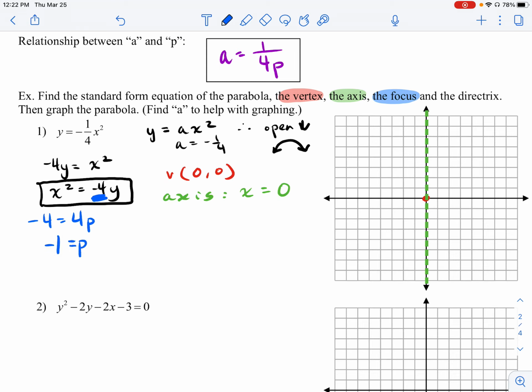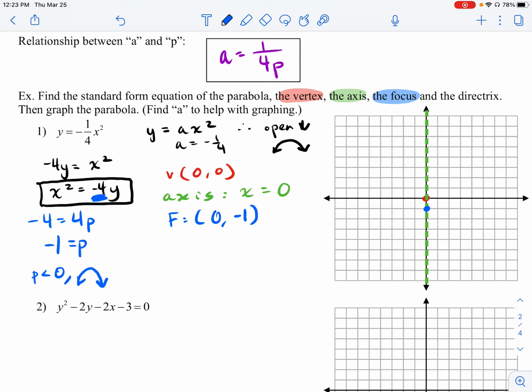Since our p-value is less than 0, we know, again, it is opening downwards. Our focus is going to be inside our parabola, below our vertex. So we can say that our focus is going to be 0, -1, down here.